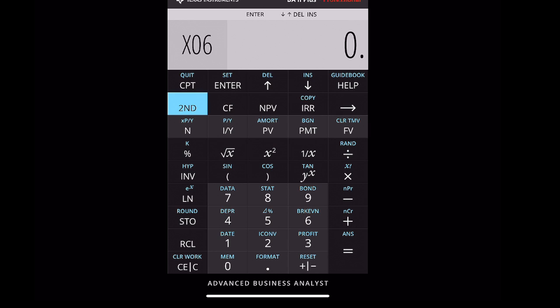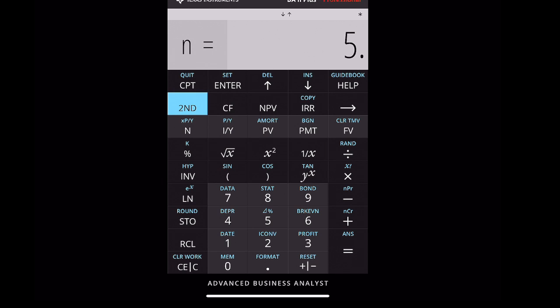So now I can ask the calculator to compute. So second, stat, that's the statistical data, and it says lin. Lin for linear, okay? These are the linear estimates. It's going to show you that n is 5, so that's the number of observations.